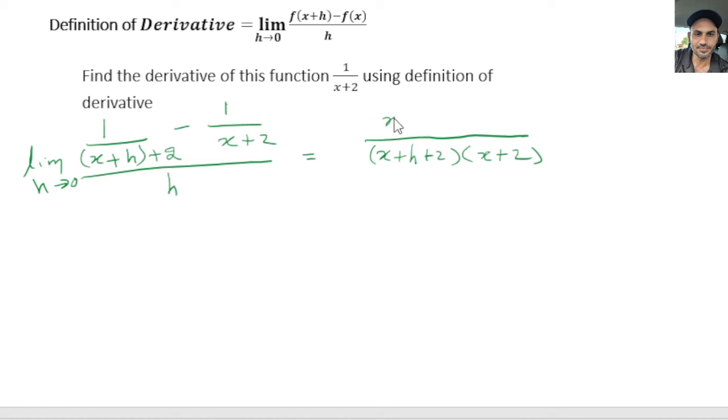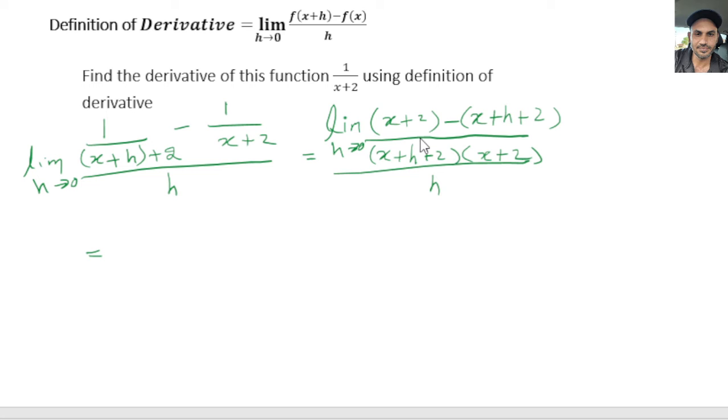So your first term is going to be x plus 2, minus the second term, where this cancels this one, so you're left with x plus h plus 2 in parentheses. All right, the limit as h goes to 0, and everything divided by h.